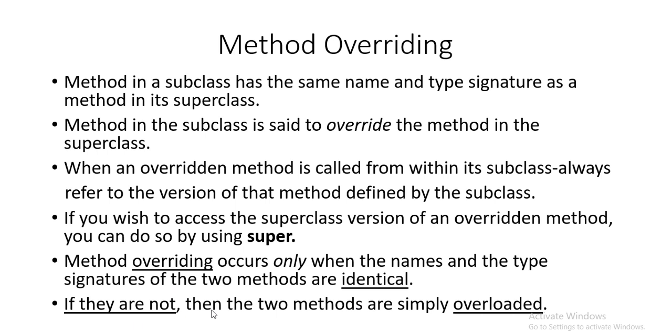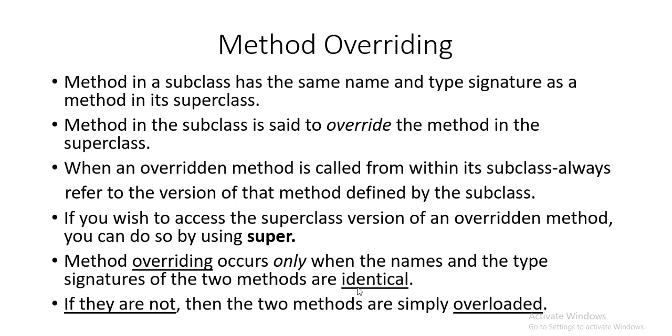If they are not, then the two methods are simply overloaded. Even though the method names are the same, if their signature types differ, then the method is said to be overloaded, not overridden.